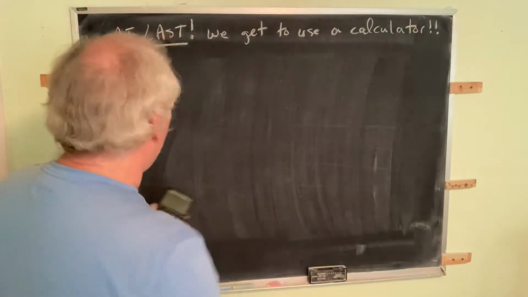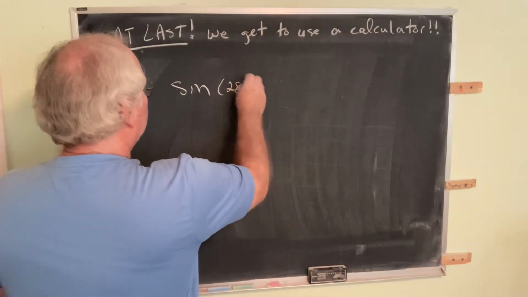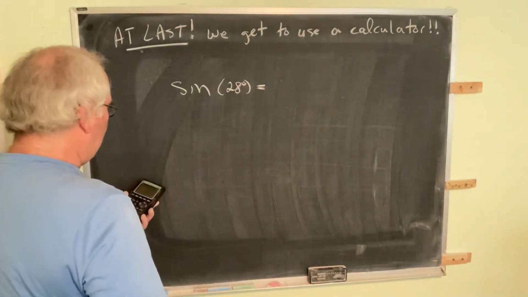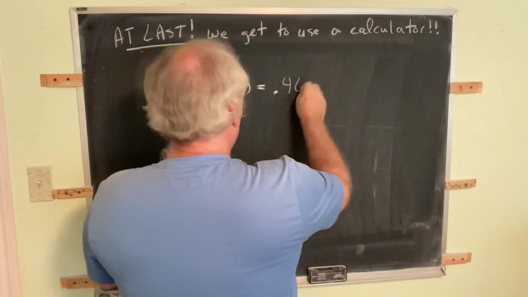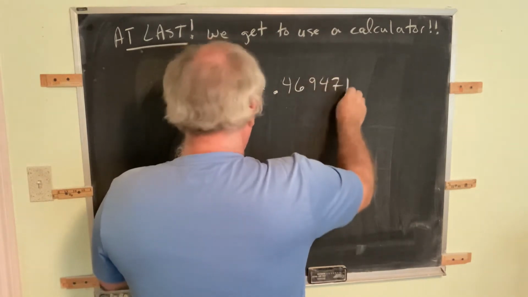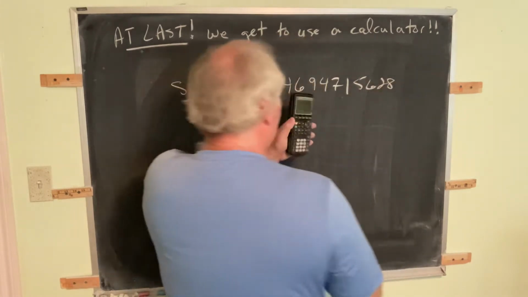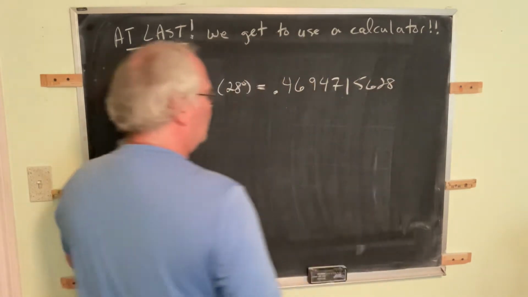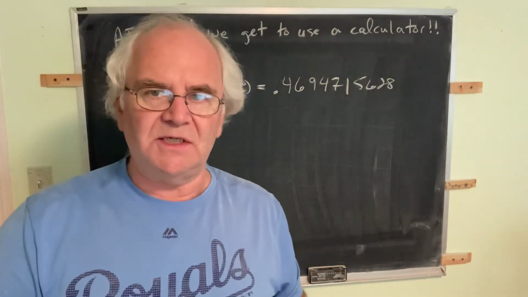When I hit sine of 28 degrees, what I got was 0.4694715628, and if I had a bigger screen, it would go on some more. This is the standard that we will use in this course.